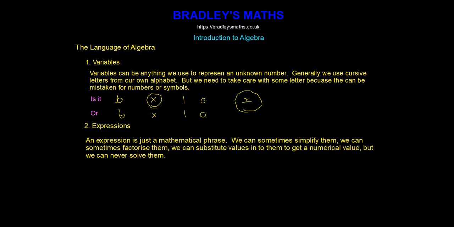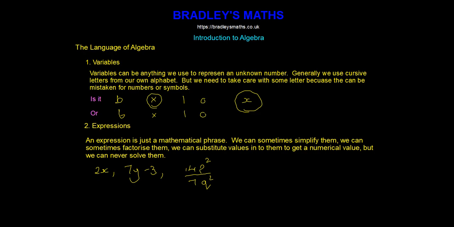So let's have a look at an expression. This is an expression, 2x. Very simple algebraic expression. 7y minus 3. That's an expression. 14p squared over 7q squared.